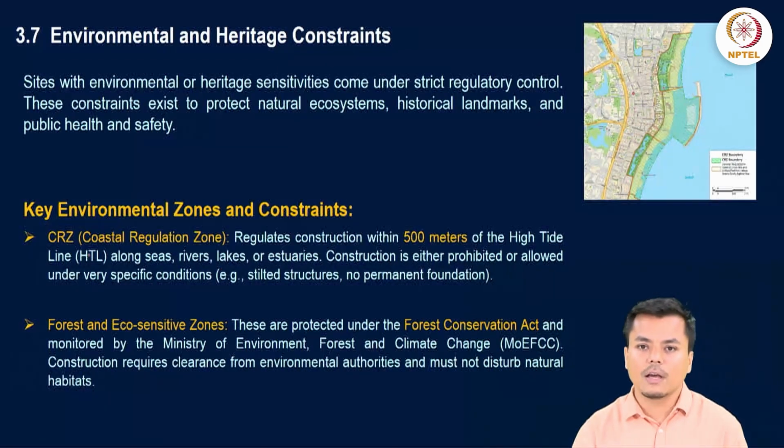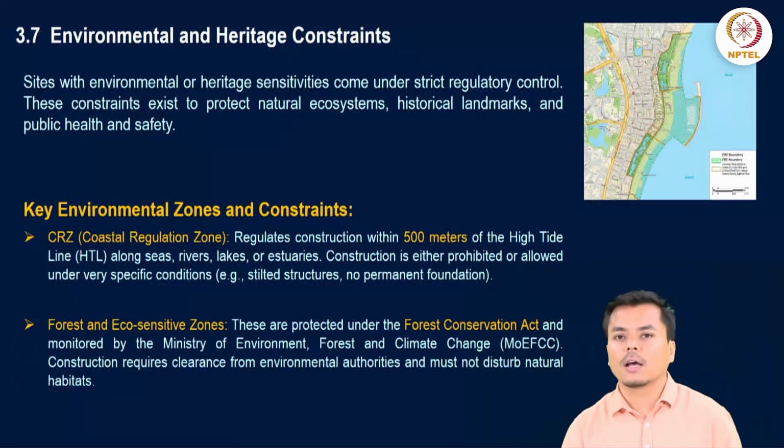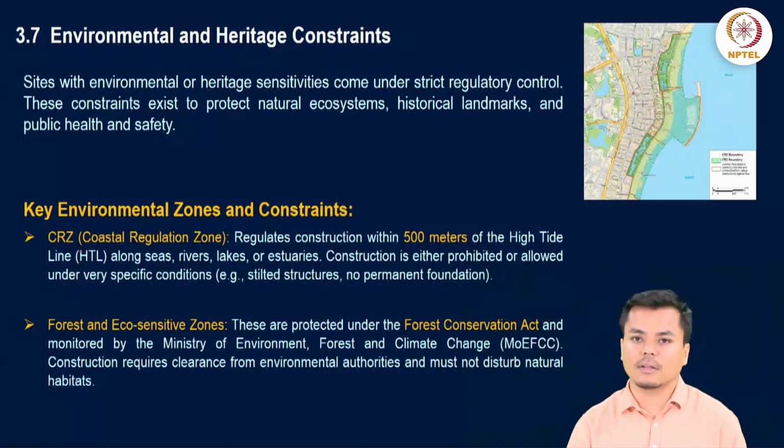This has to be followed strictly, and you should not promote illegal construction in these sensitive zones. Then next are forest and eco-sensitive zones. There are certain zones that are demarcated within forests also, like buffer zone or the core area. So likewise you have to identify these zones and then design the building in those spaces accordingly.